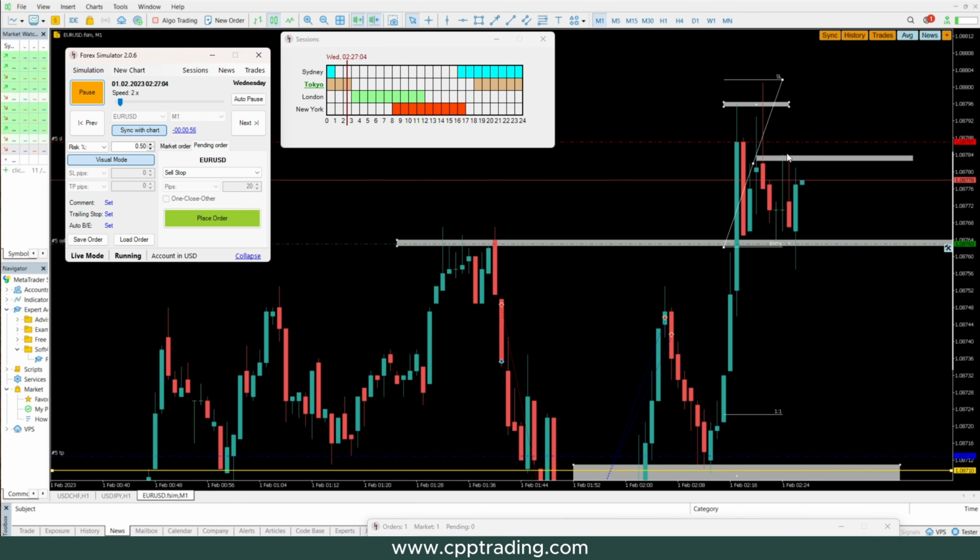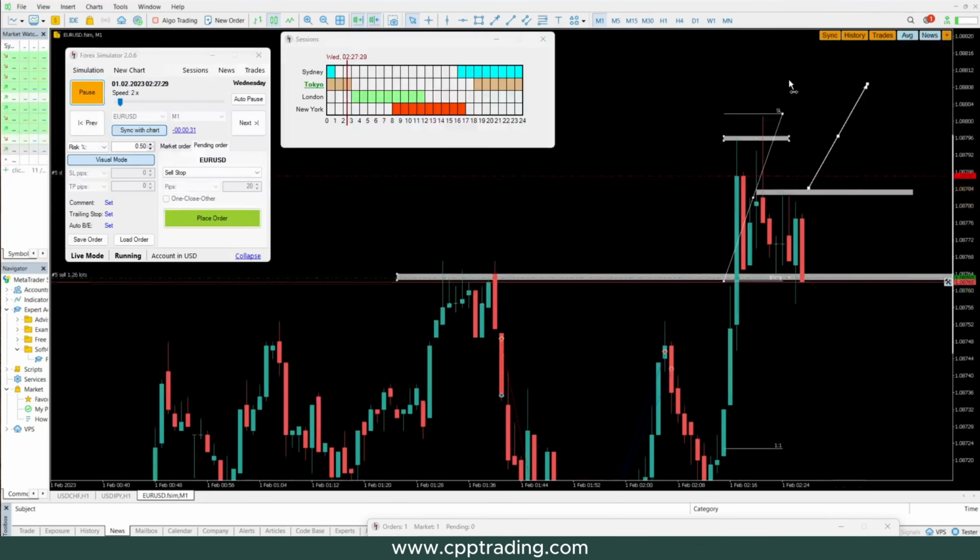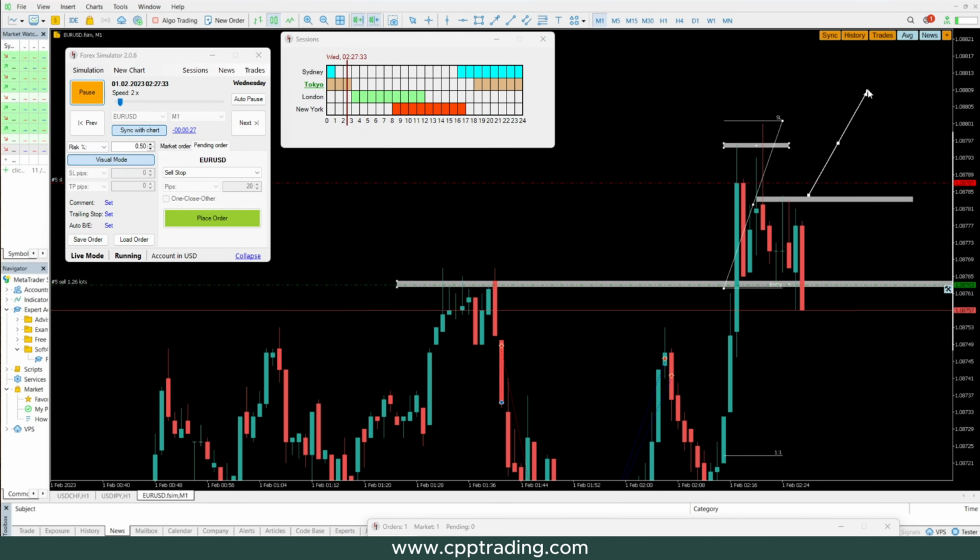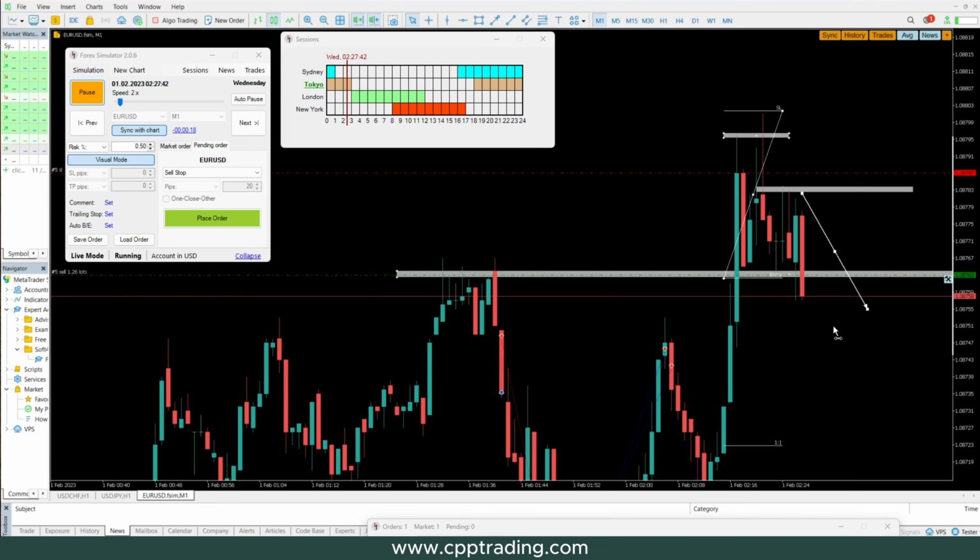If it's breaking above those highs, chances are very high that this will continue bullish. As long as it's respecting those highs and price is staying below, then there's a high chance that price will continue down, which is exactly what's happening now.